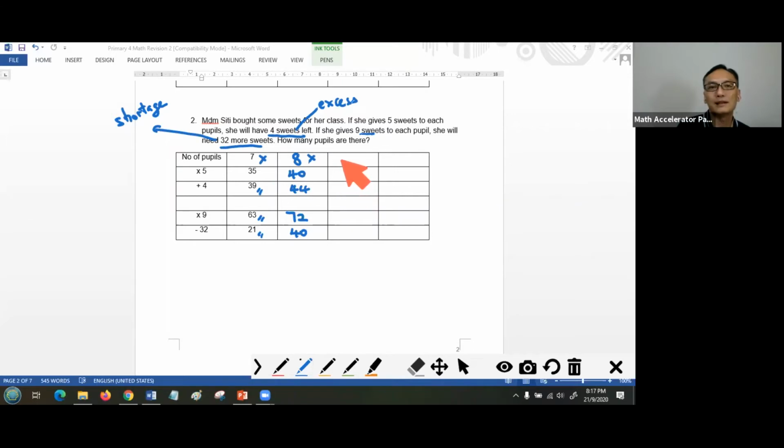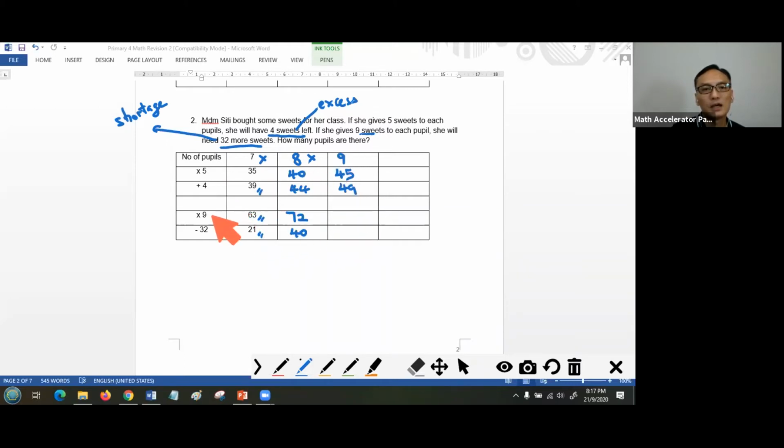Then we move on to 9. Okay, 9 also does not work. Let's check. 9 times 5 will give us 45. 45 plus 4 will give us 49.